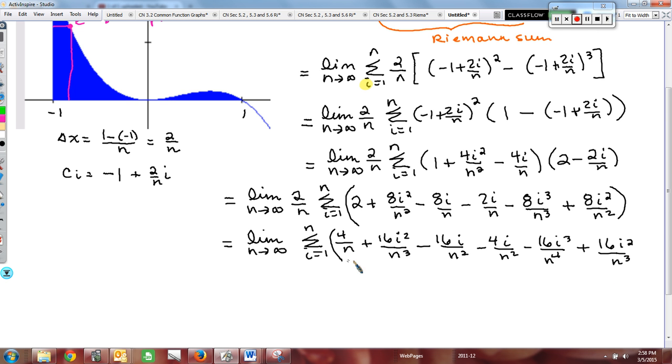And then at this point, I am going to see if there are any like terms that I can combine together. So limit as n goes to infinity, sum i equals 1 to n.